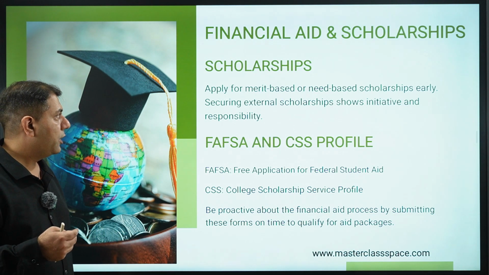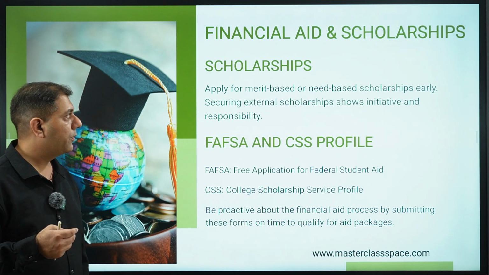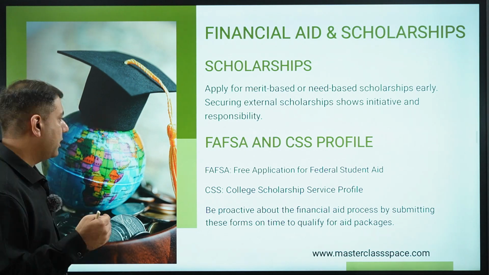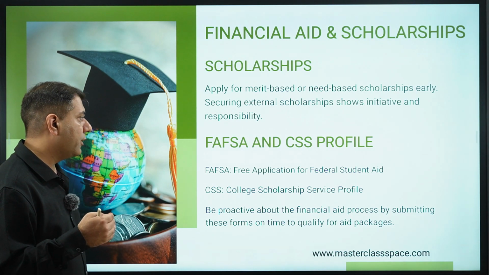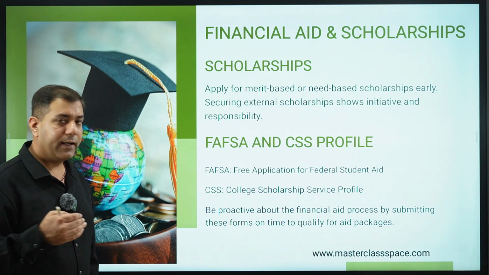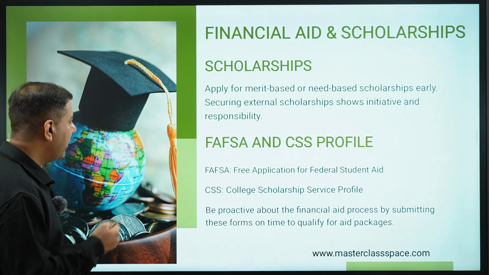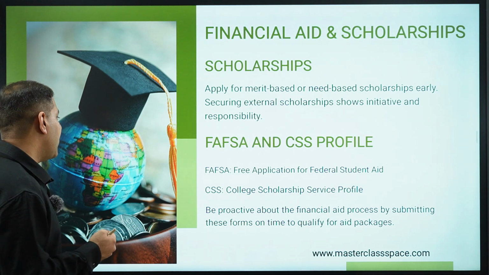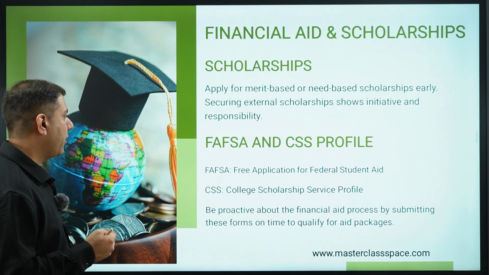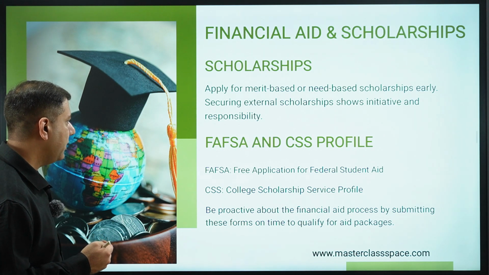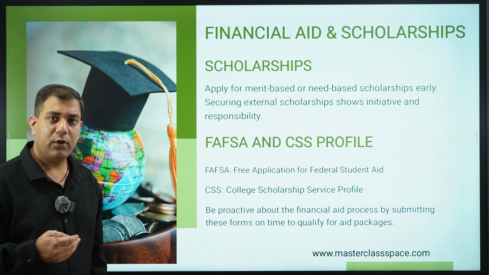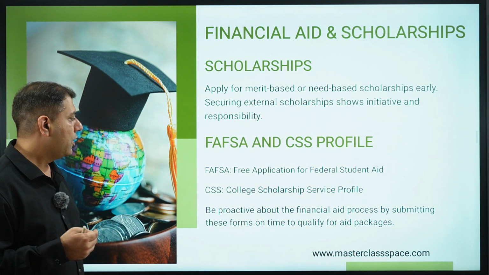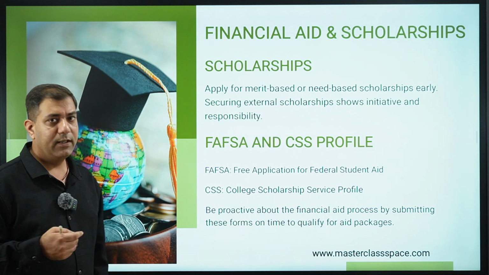Now, in order to apply for a scholarship, there are two ways. You should try to make a profile on FAFSA, which means Free Application for Federal Student Aid, or you can make a profile on CSS, which means College Scholarship Service Profile, if you are an international student.